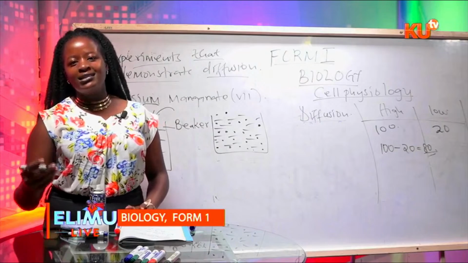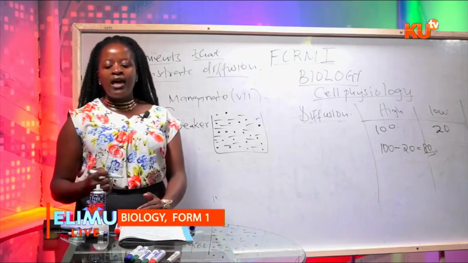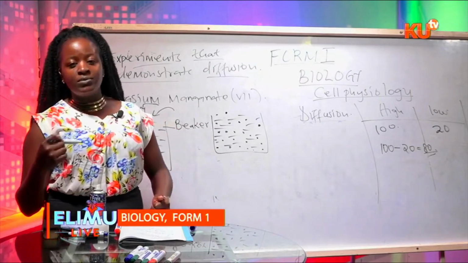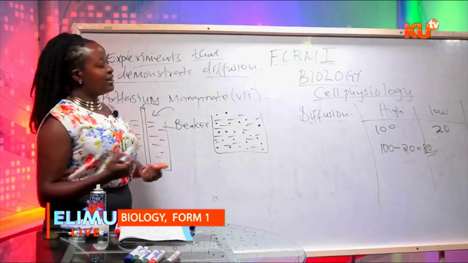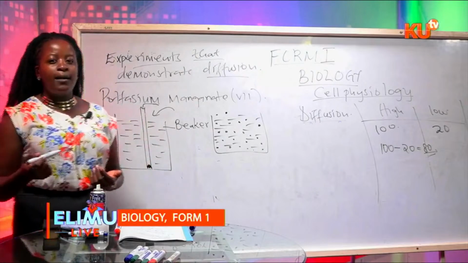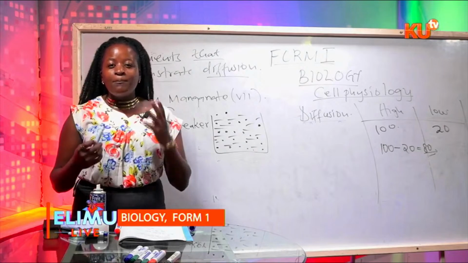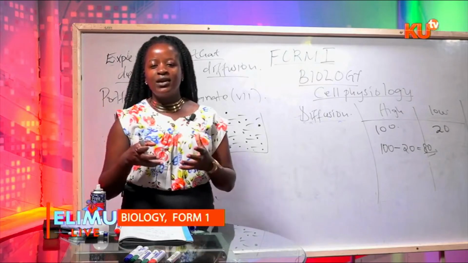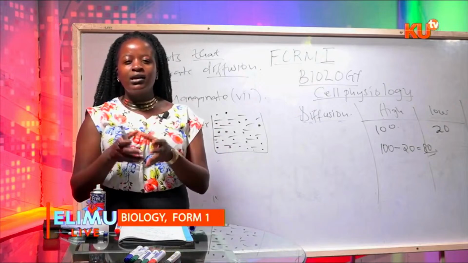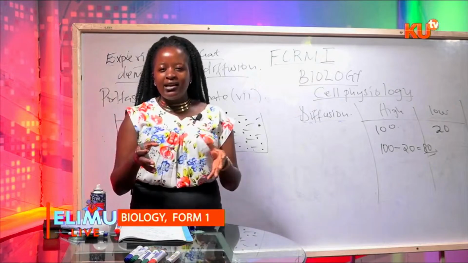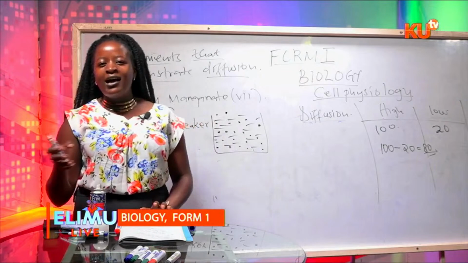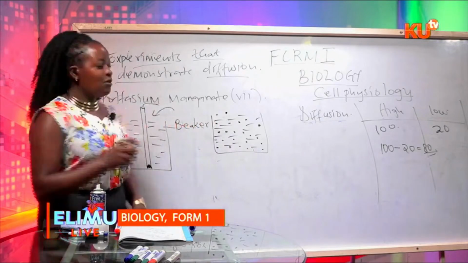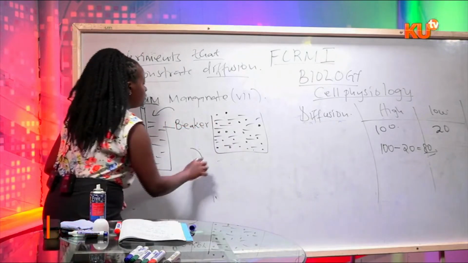The water turned purple. The explanation for this observation is the water turned purple because the particles that are making potassium manganate 7 broke away from the crystal and spread throughout the water, and they spread through the process of diffusion.